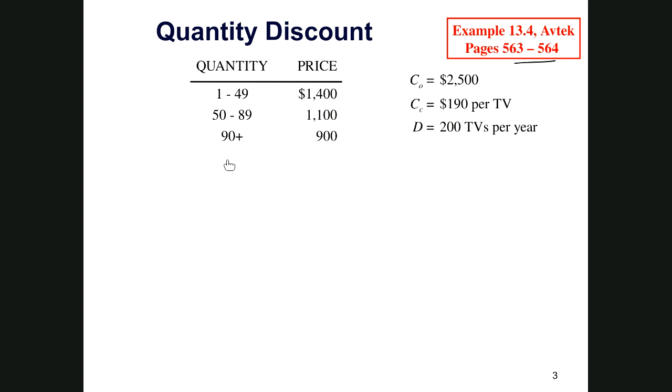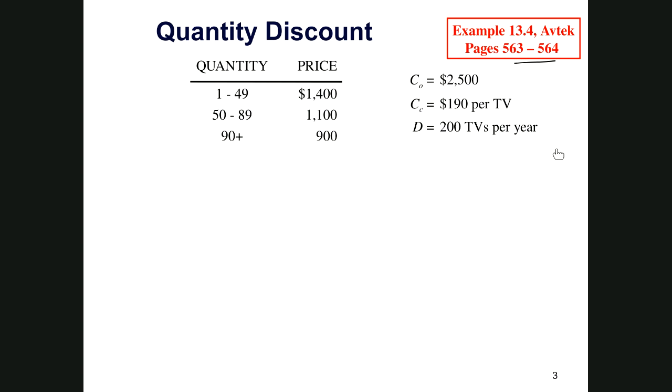We're also told in the problem that the ordering cost is $2,500 per order. The carrying cost is $190, and the annual demand is 200 televisions per year.